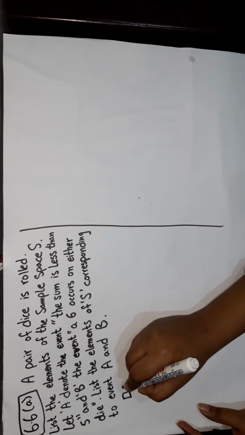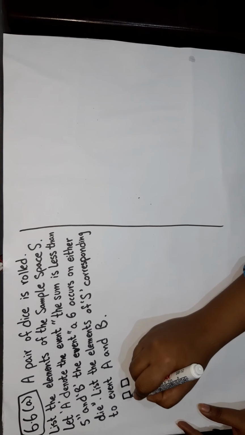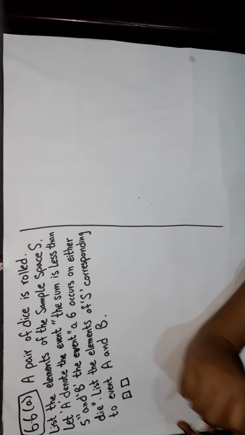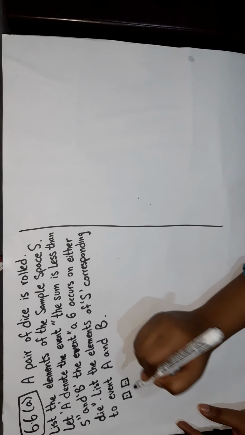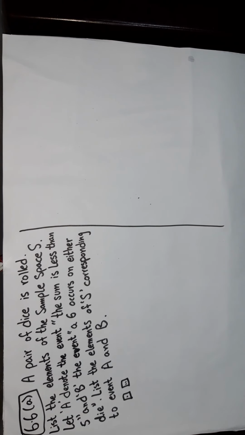For example, this is dice 1 and this is dice 2, and when you roll them together, let's suppose on the first dice comes 1 and on the second dice comes 2, and there are many ways in which you roll the dice and different results come.